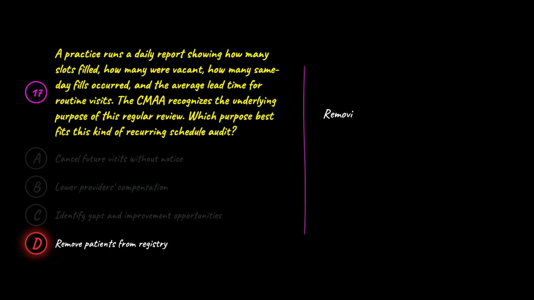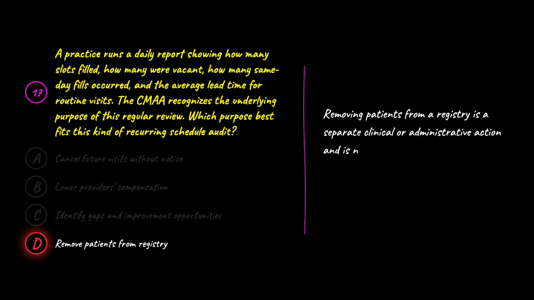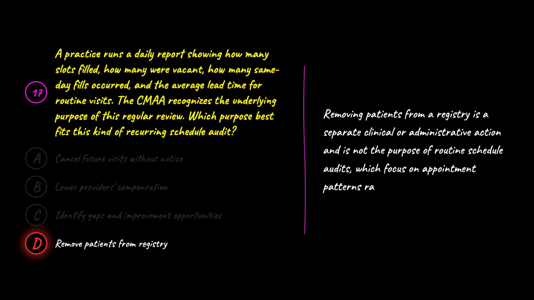D is wrong because removing patients from a registry is a separate clinical or administrative action and is not the purpose of routine schedule audits, which focus on appointment patterns rather than patient registry membership.